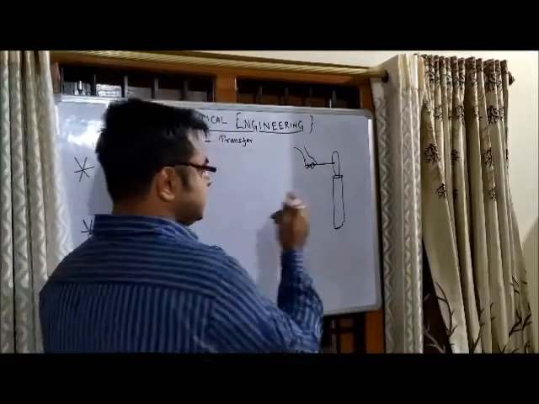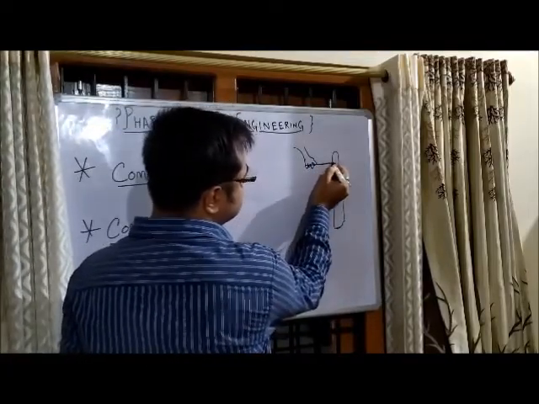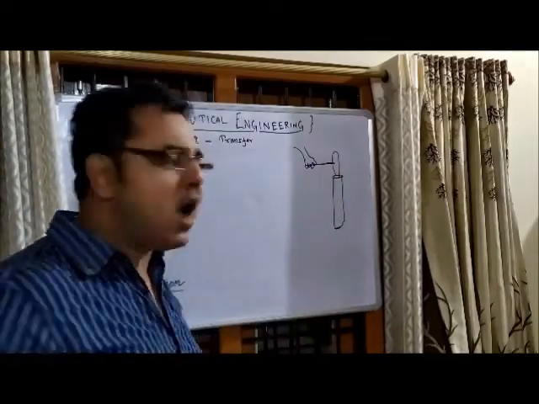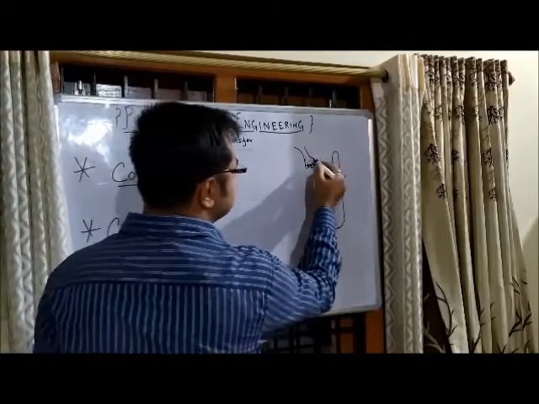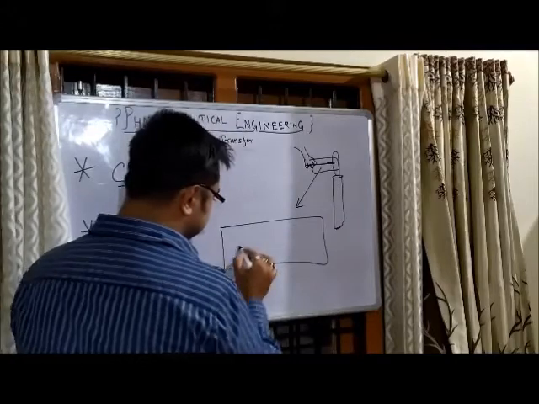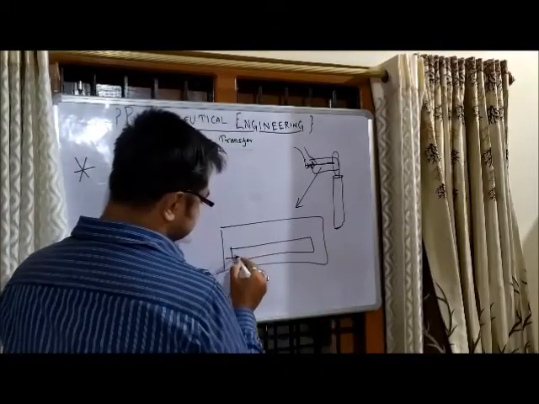Sometimes, even before it reaches here, if the person is within some distance, we can feel the heat. How? If we zoom into this rod, here the heat energy is induced.